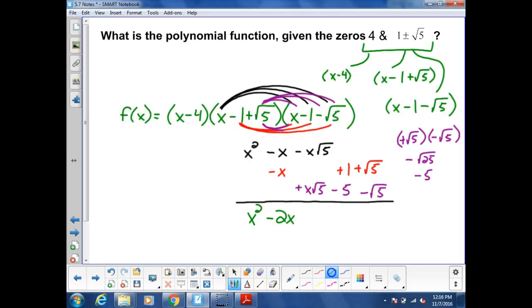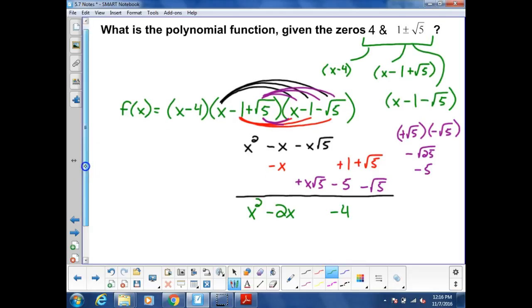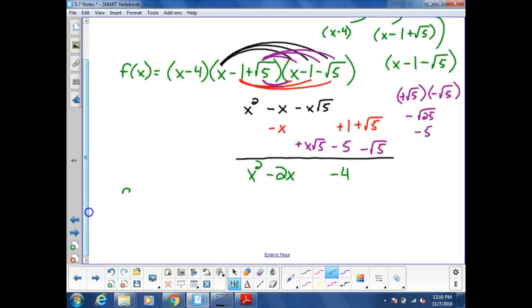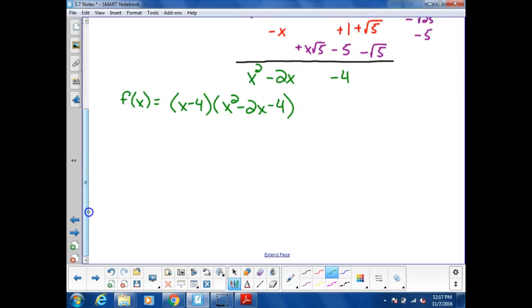Fourth column I get minus 4, last column I get 0. Cancels each other out again. Okay? So f of x here now is equal to x minus 4 times x squared minus 2x minus 4.